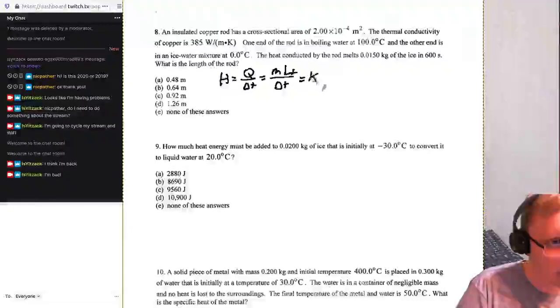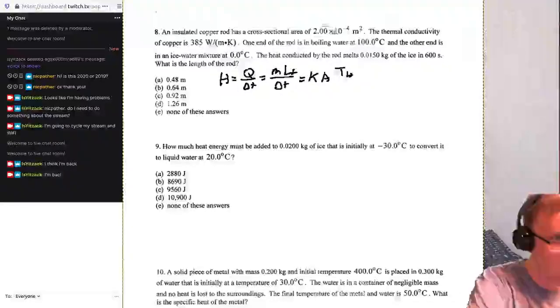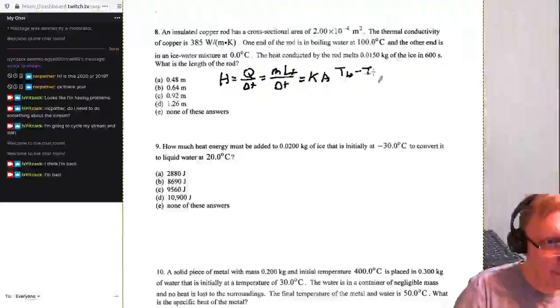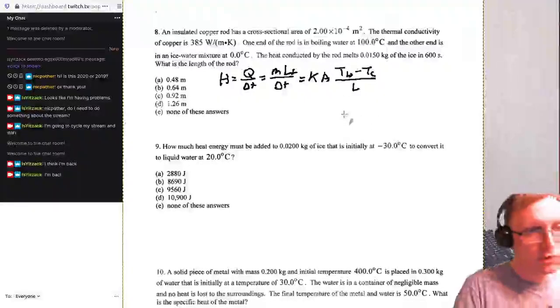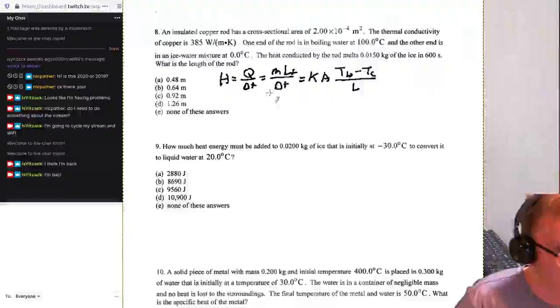This is equal to the thermal conductivity of the copper times its area times the change in temperature from the hot side to the cold side, divided by the length in question. We should have all these numbers somewhere near at hand. I think we're missing the latent heat of fusion of water. Otherwise, we are good to go.